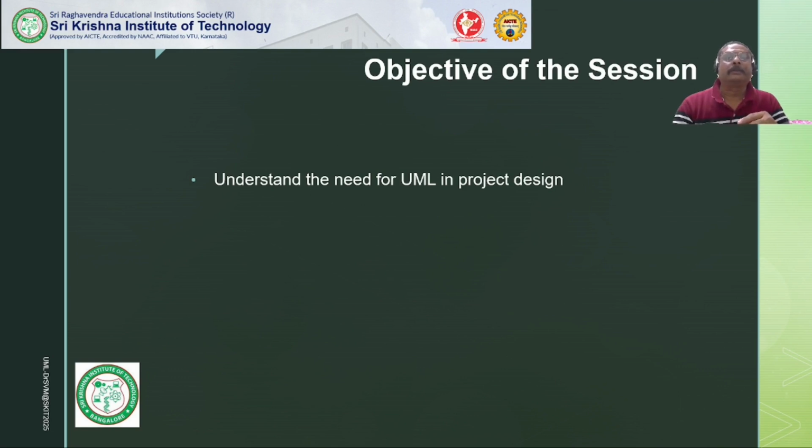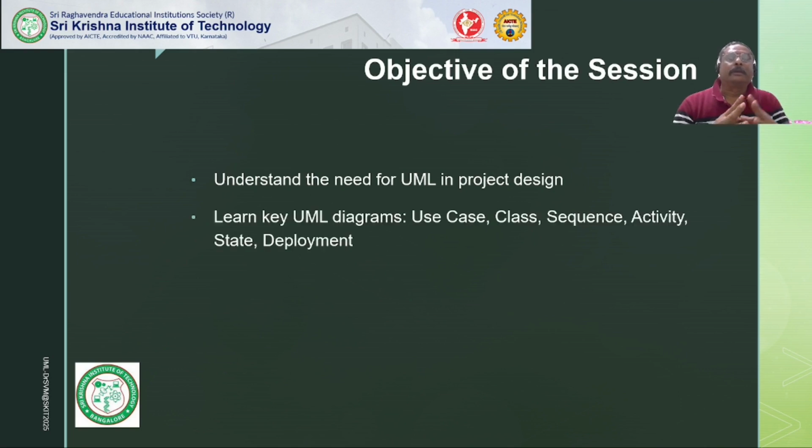While developing a software product, we need to understand the need for UML diagrams in project design. The other objective is to learn the key UML diagrams we are going to use in product design: use case diagram, class diagram, sequence diagram, activity diagram, state diagram, component diagram, and deployment diagram are the commonly used UML diagrams we have.